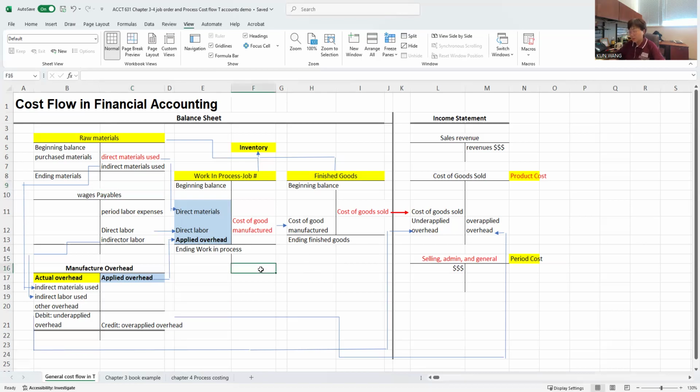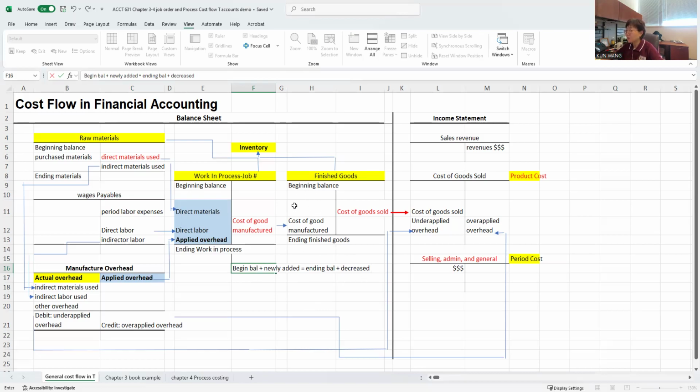Probably I can put it here as beginning balance plus the newly added, we just use a common term, should equal the ending balance plus the decreased item, because in different accounts the decreased amount represents different meanings, right?